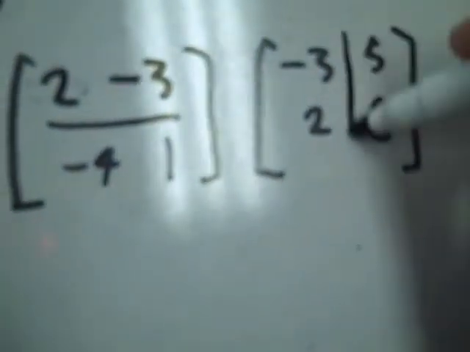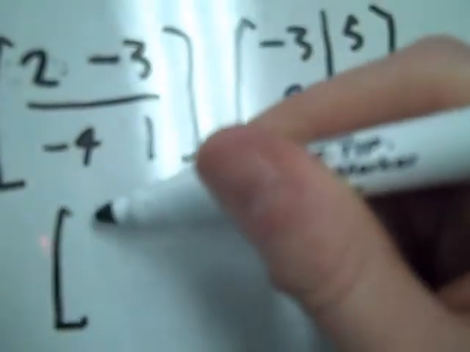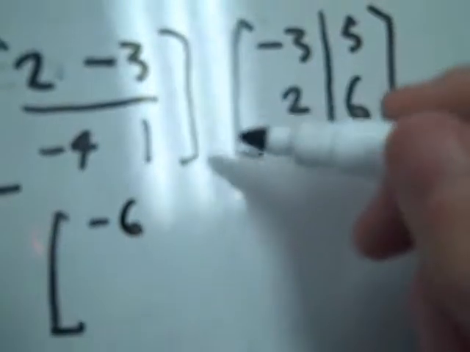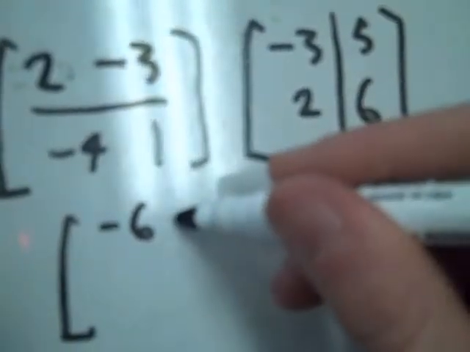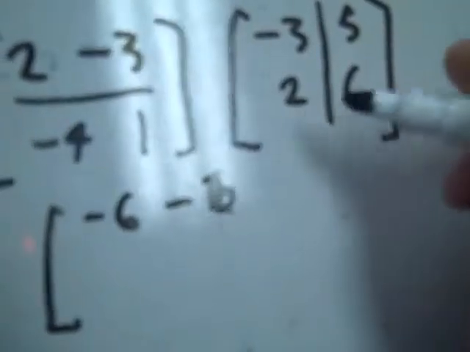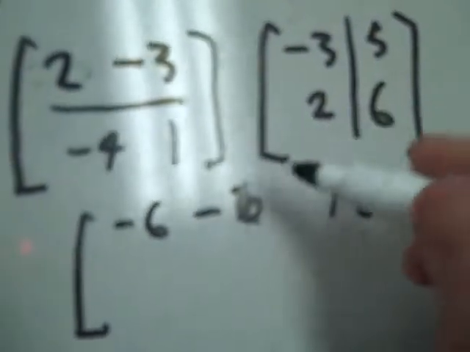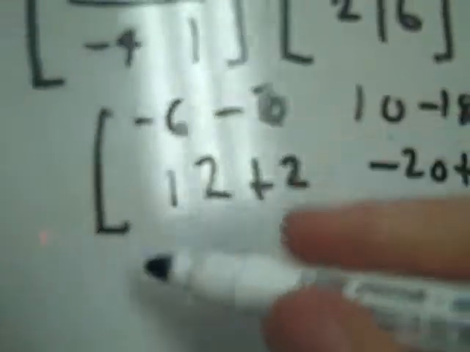Now when multiplying, you just split that up, and then the 2 and the negative 3 is negative 6, and then the negative 3 and the 2 is minus another 6, and so on and so forth with all of the terms. And then you still have that determinant there.